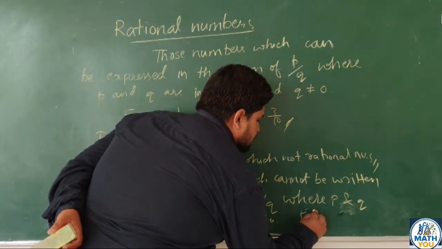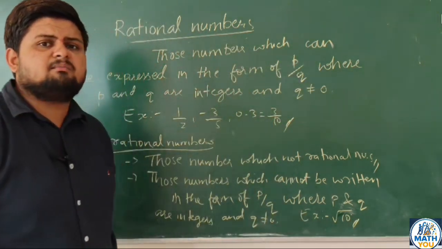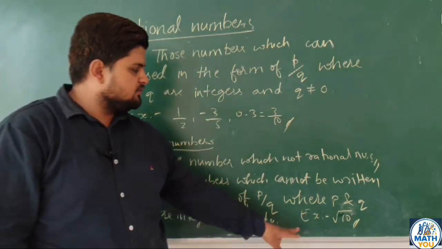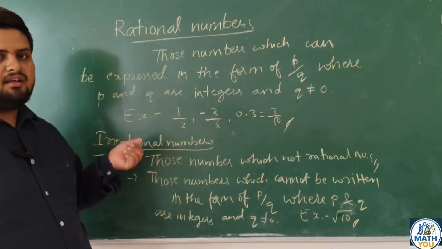For example, we can take square root of any non-perfect square number. Square root of any non-perfect square number is an irrational number.